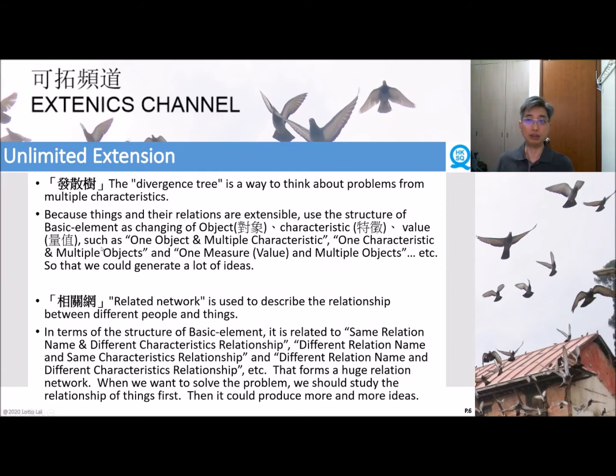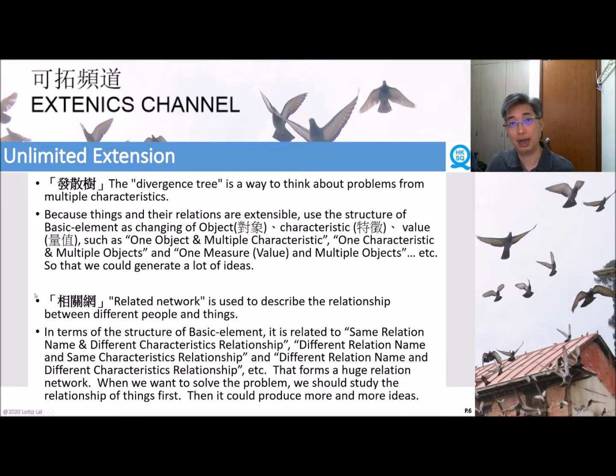Under this divergence tree, the basic elements can have different combinations. For example, one object with multiple characteristics, one characteristic with multiple objects, one measure or value with multiple objects, etc. There are many different combinations, so we can generate a lot of ideas.